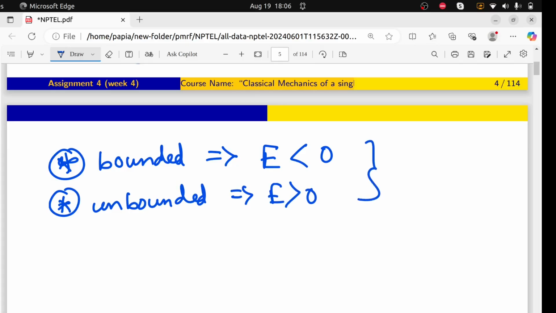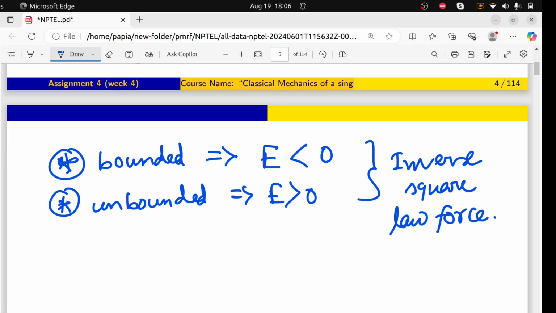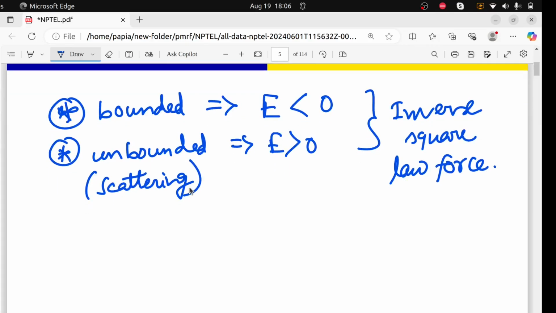I can see these two from the inverse square law force as well. Bounded means a closed orbit, and unbounded means it can be scattering as well.